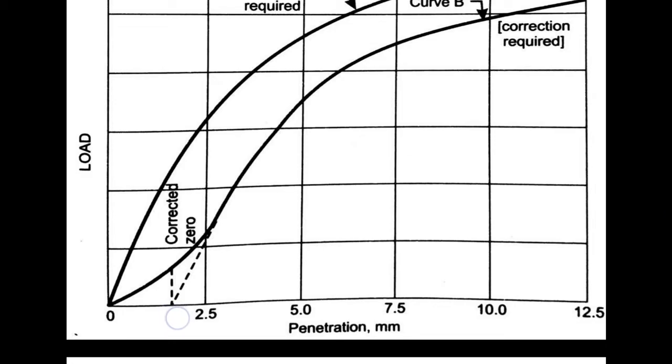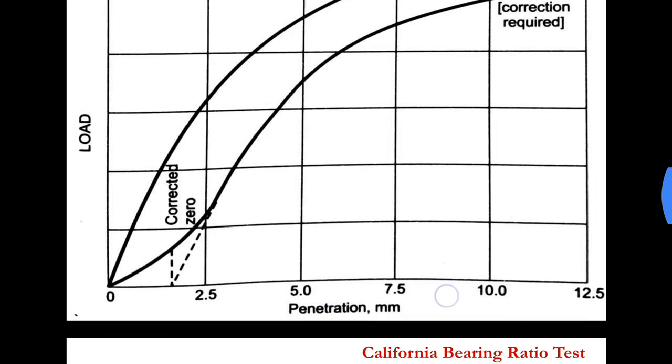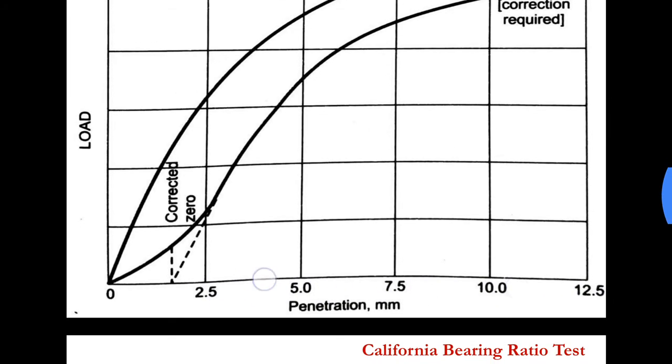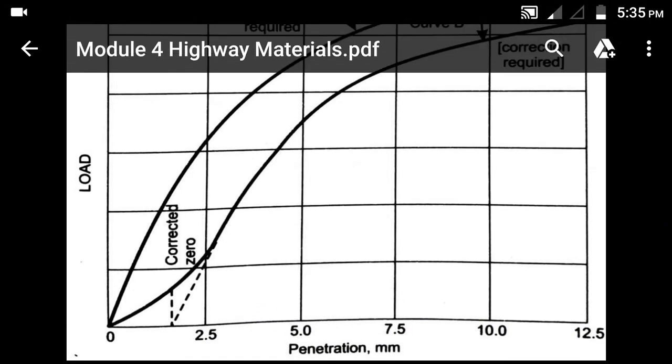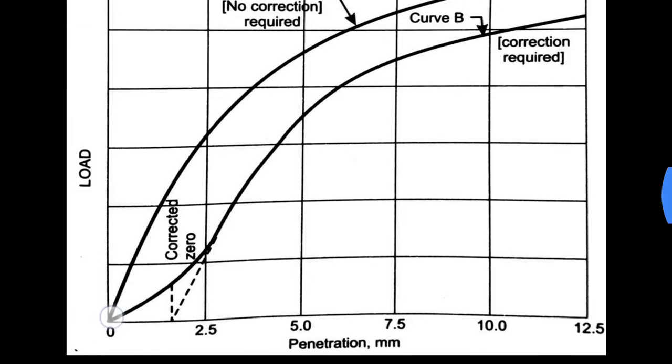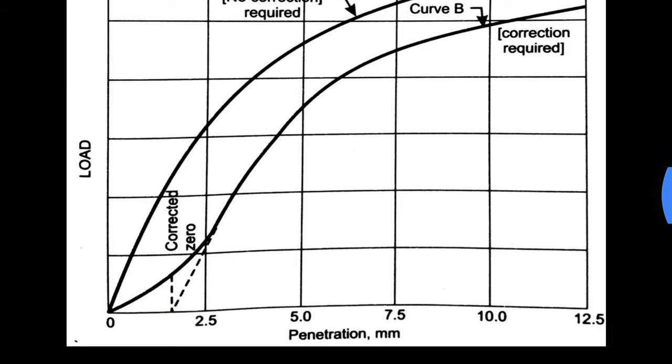Then again, measuring in centimeters or mm, all the corresponding values here would change. The only difference is our 0 will not start over here, but it will start from here.